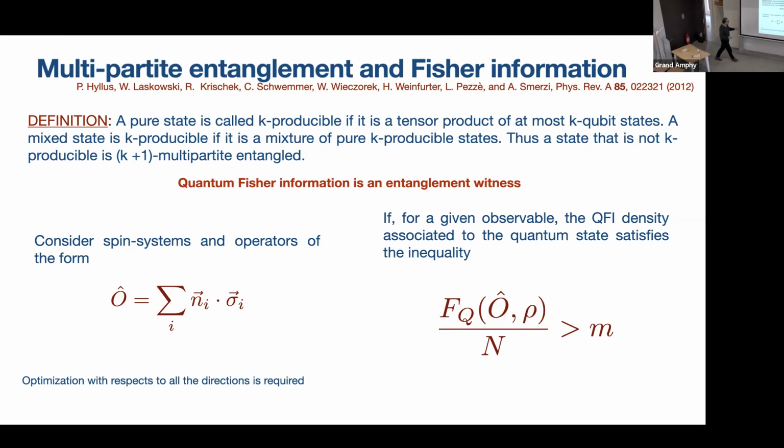So you expect the optimization to work when these n all point in the z direction. You can also use translational invariance to simplify it. But in principle, it's complex.